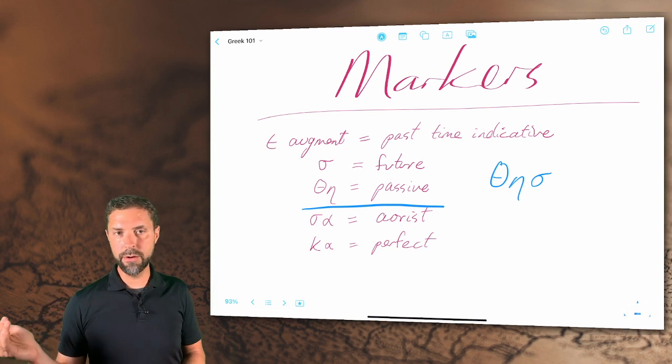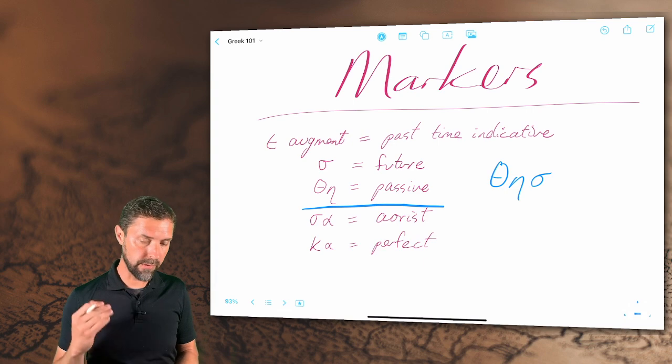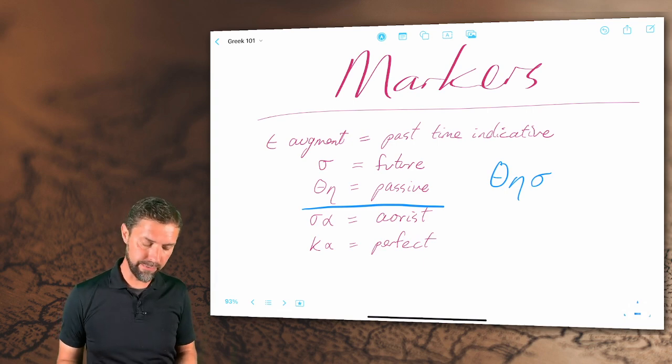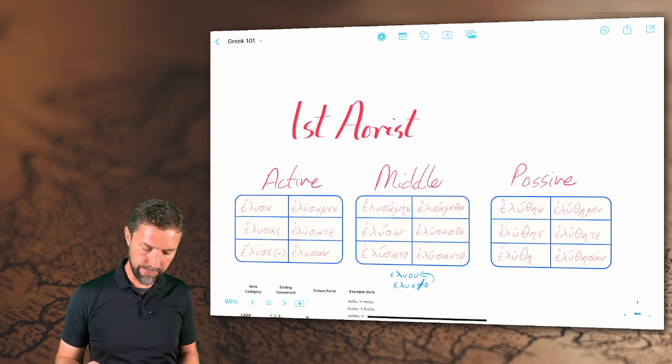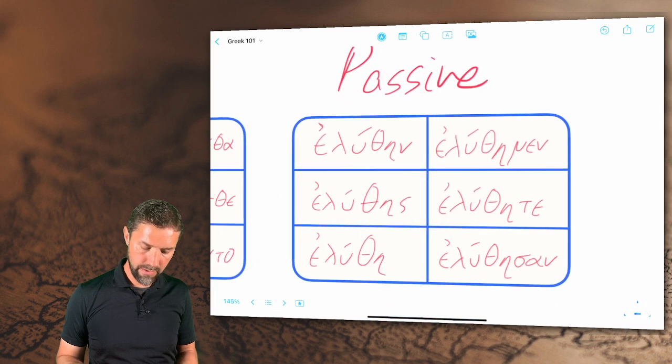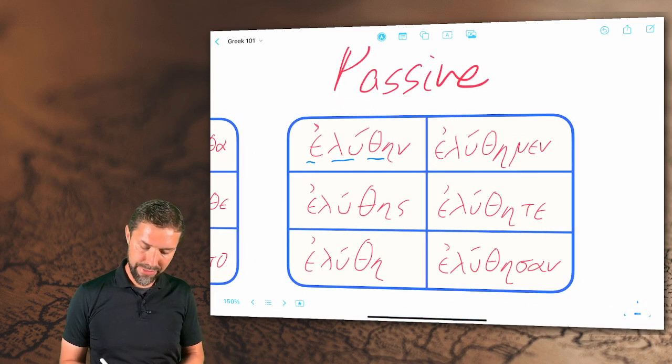It will reoccur later in the subjunctive for the aorist, but same holds. But it is a helpful thing to know that as a morpheme, as a pattern. And that's precisely what happens here in the aorist. The first aorist passive is going to be this pattern: augment plus stem plus theta eta.